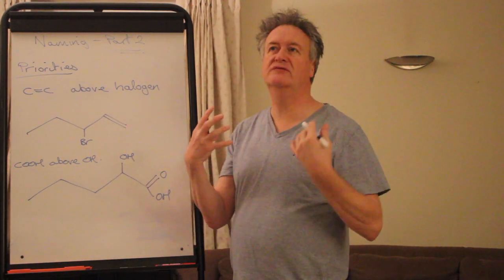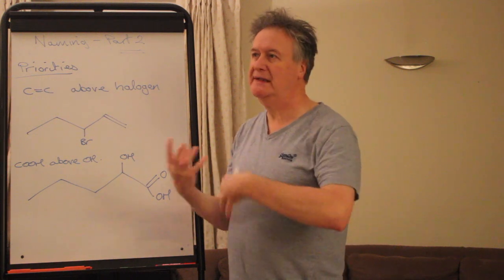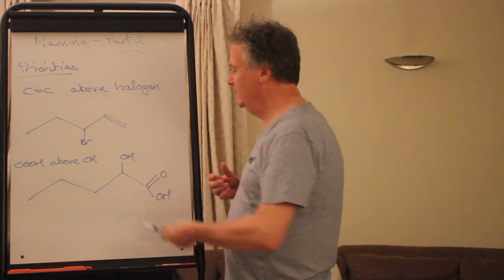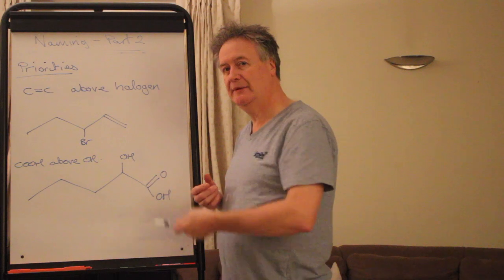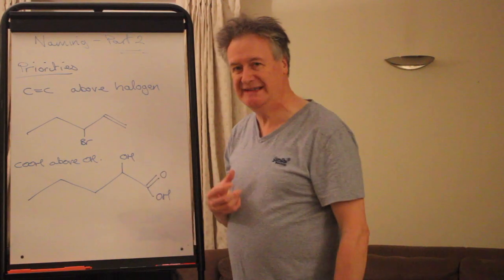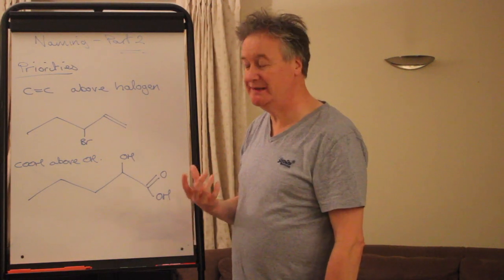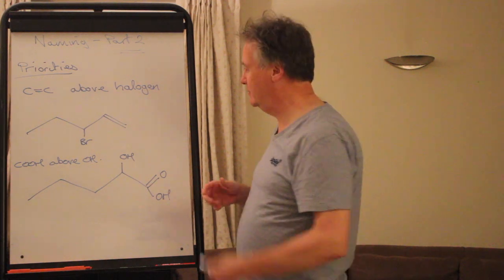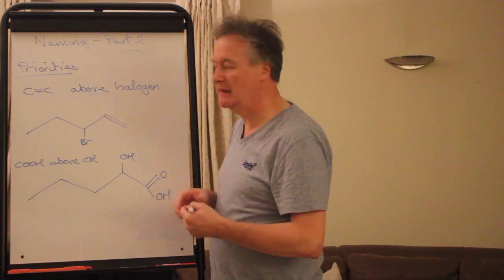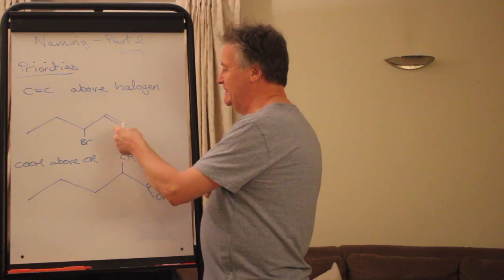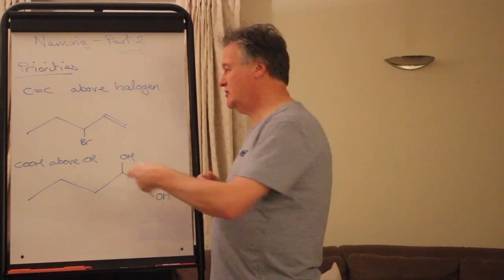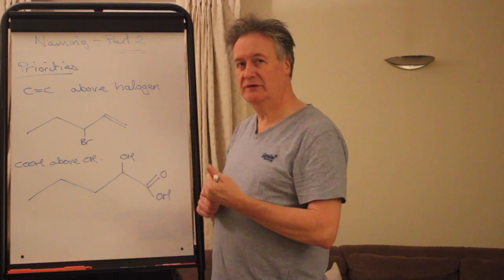It's really which is the most important in terms of the chemistry that it will do. Although this will do chemical reactions, this does so much more easily. So that makes this an alkene, not a halogeno compound to start with.